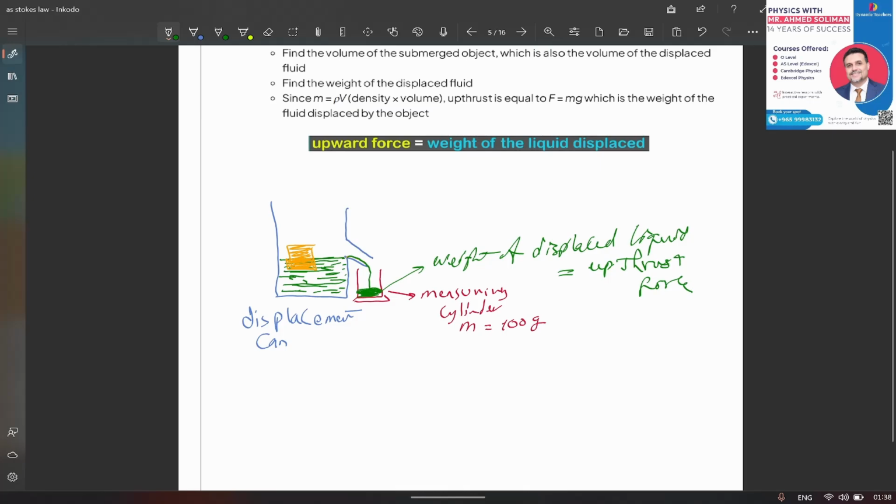This is why we can write U equals weight of displaced liquid, and as you know, weight equals mass multiplied by g, mass of displaced liquid.